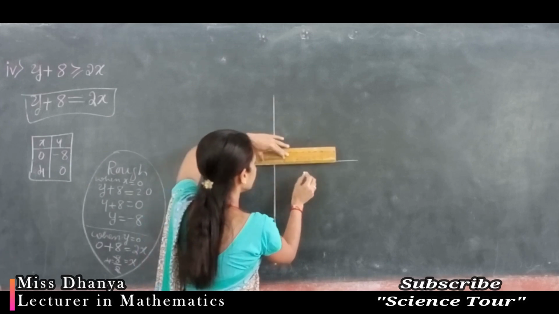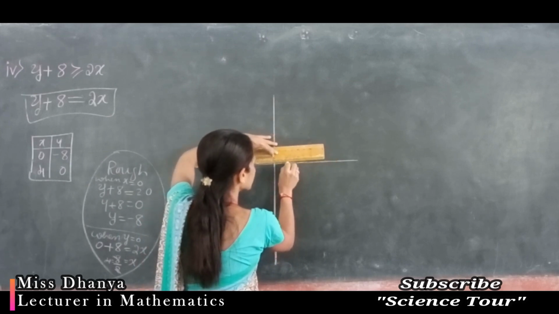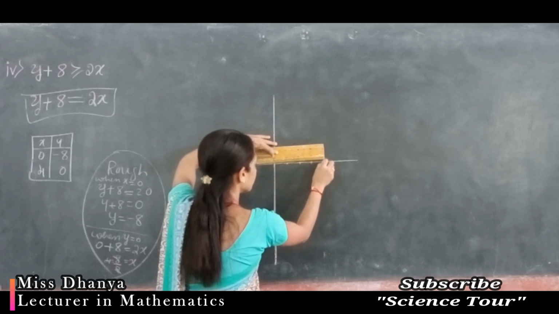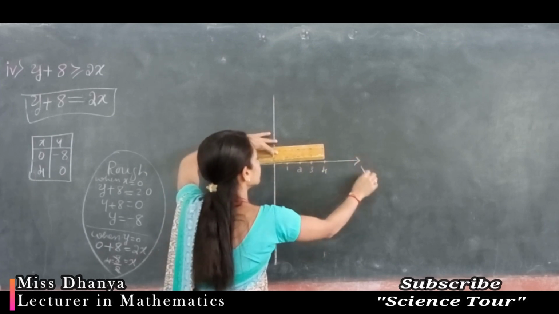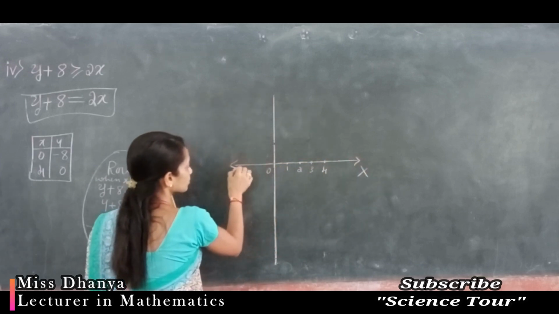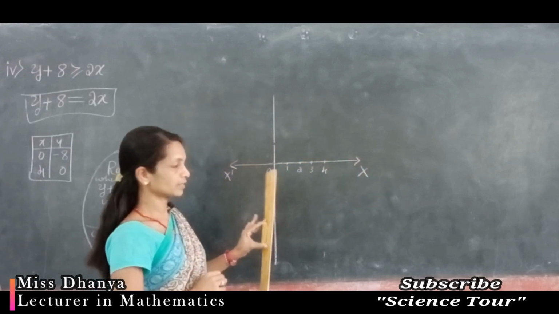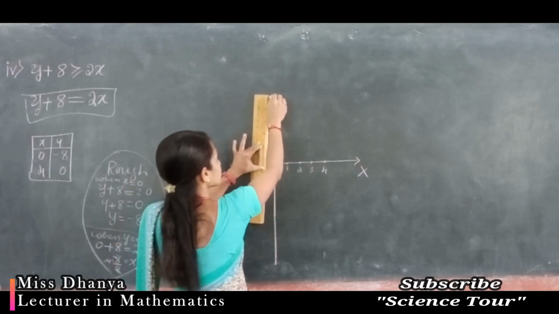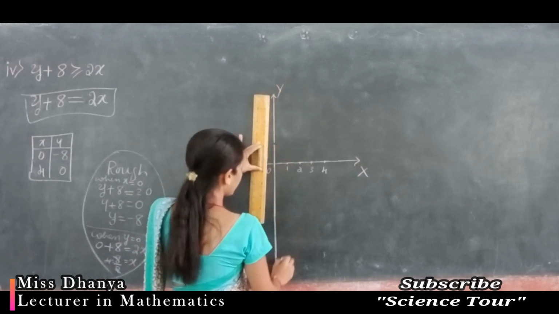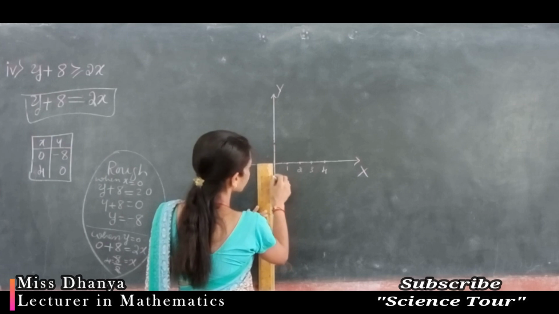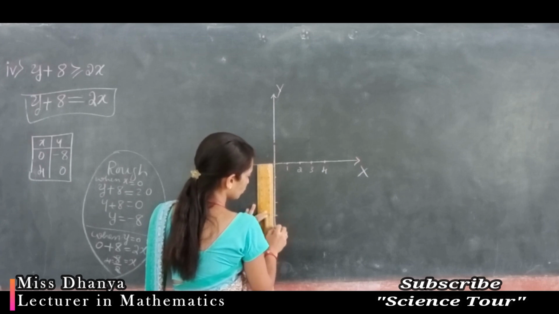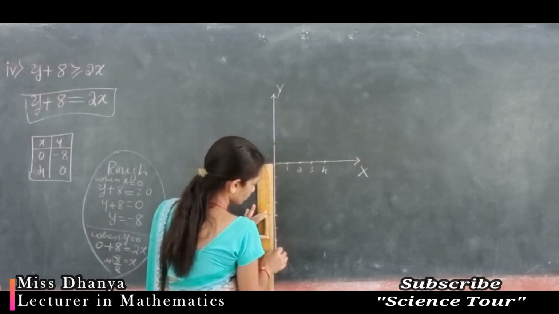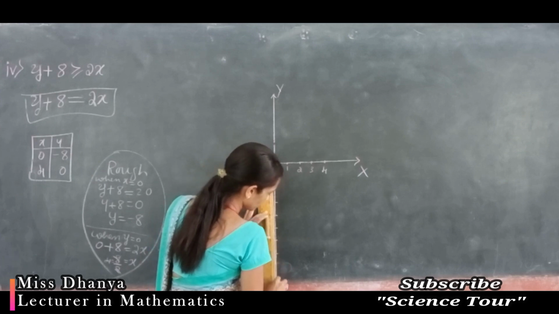Mark points at equal distances 1, 2, 3, 4 on the x axis, up to 4 is enough. I marked up to 4 only, and the x axis is named x dash o x and the y axis is named y o y dash. On the negative side of the y axis you need up to minus 8: minus 1, minus 2, minus 3, minus 4, minus 5, minus 6, minus 7, minus 8.